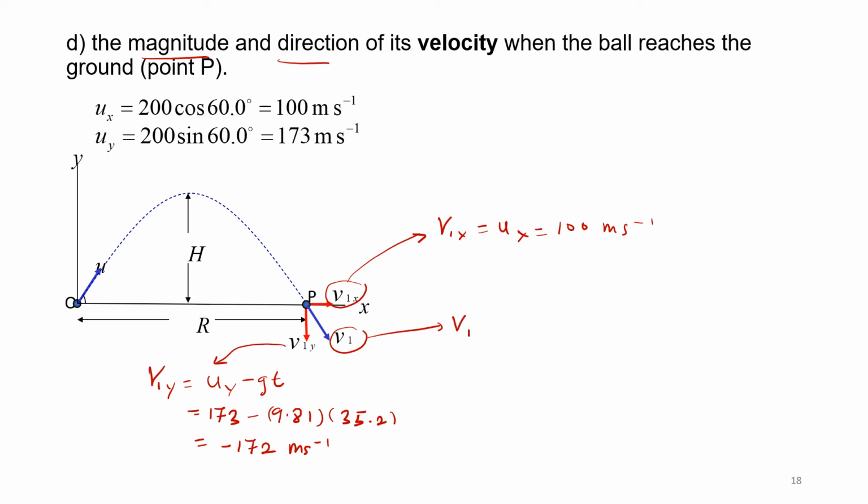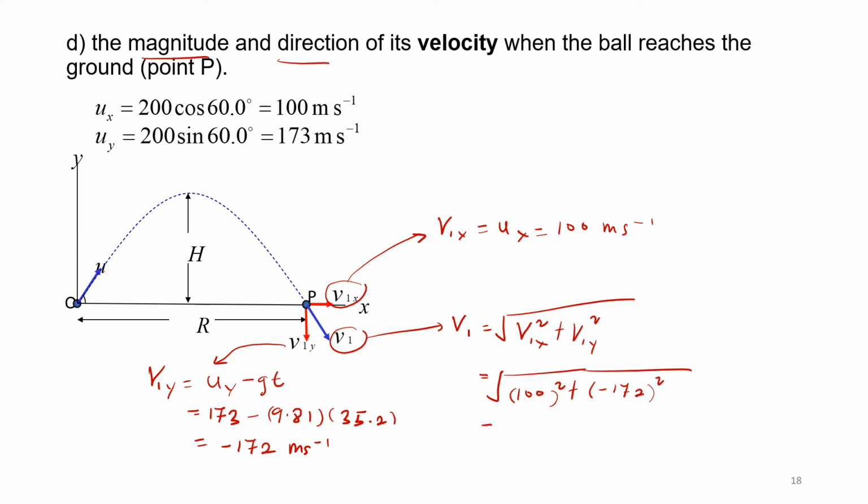We use the Pythagoras theorem, V1X squared plus V1Y squared. Substitute value, 100 squared plus negative 172 squared.